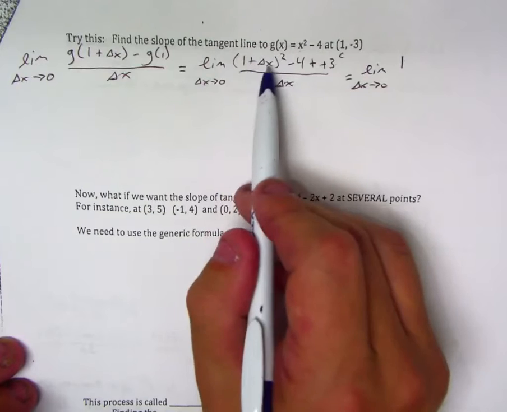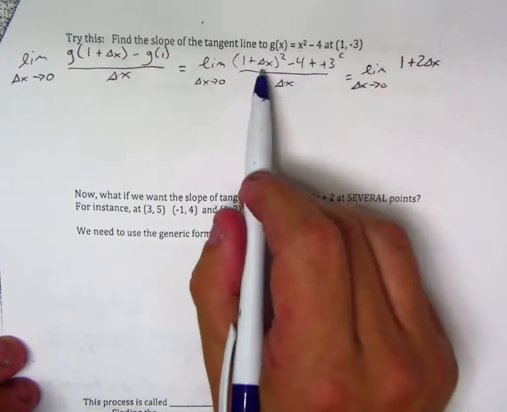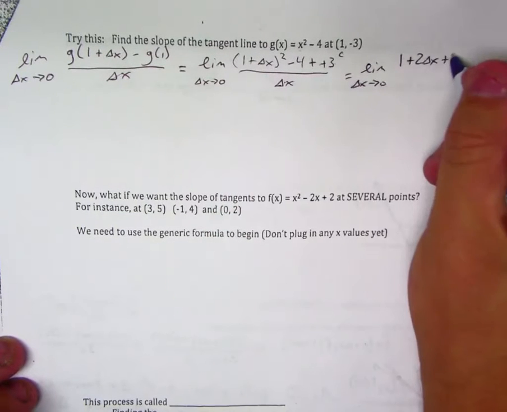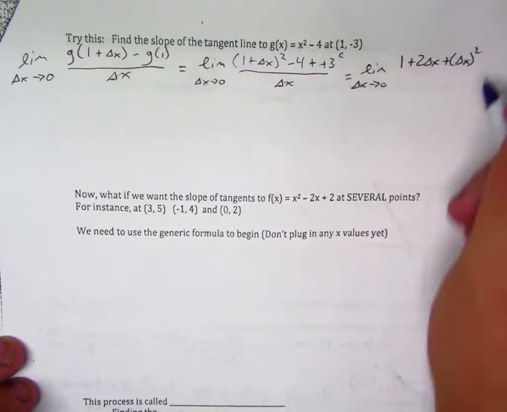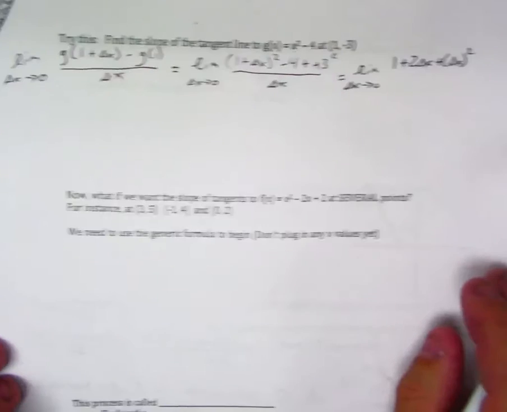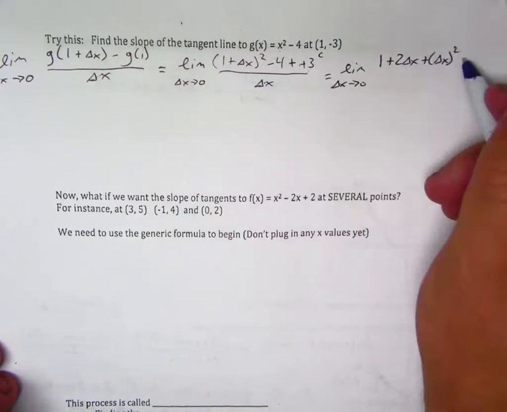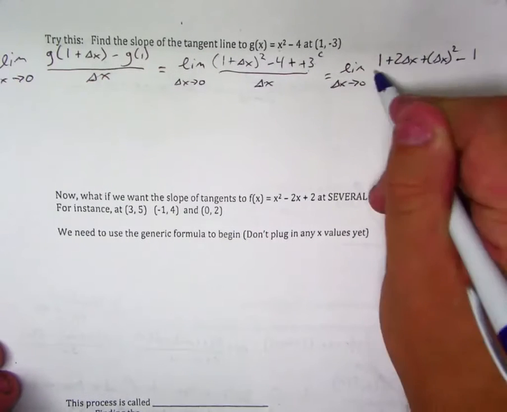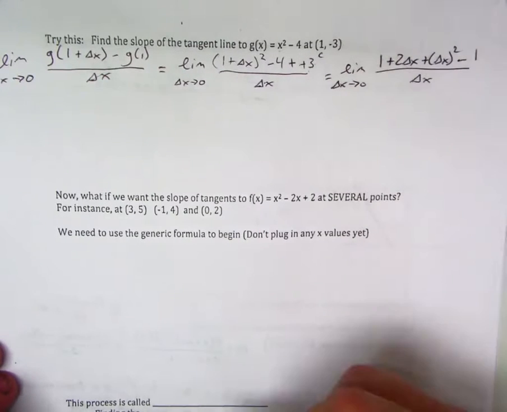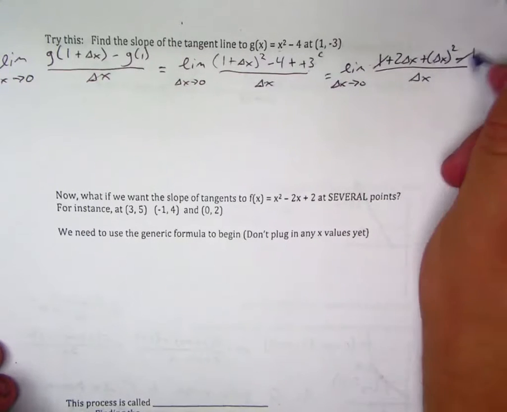So delta x and double it, so plus 2 delta x, and square the delta x. That's how you square a binomial. Square the first, double the product, square the second. Negative 4 plus 3, that's just negative 1 over delta x. The 1's cancel, so that's nice.